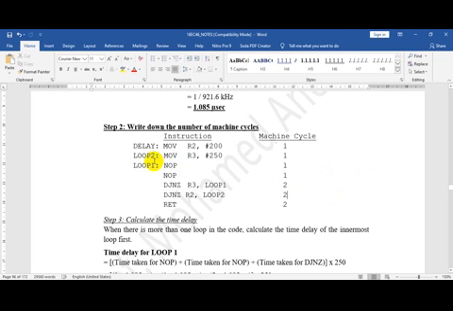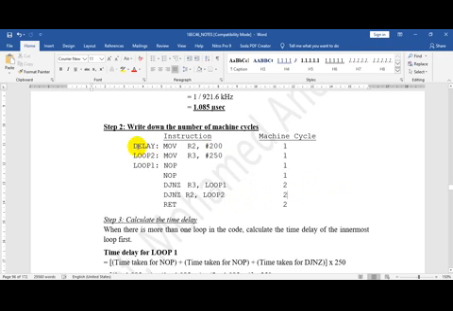So the time taken by loop 2 will be the time taken by MOV R3, #250 plus the time taken by loop 1 plus the time taken by the DJNZ instruction, multiplied by the loop count. In this case the loop count is in R2. You should be very careful about these loop counts. So it will be multiplied by 200.